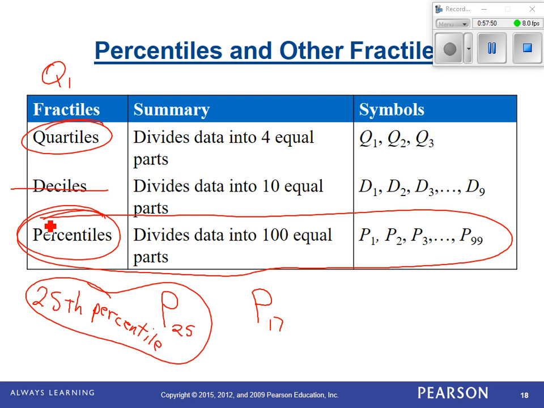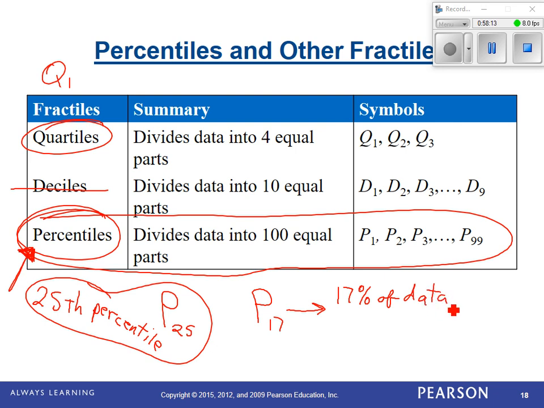What do you think's true? Let's talk about percentiles here. What do you think's true about if we're at percentile 17? What's that tell us? 17% out of 100.